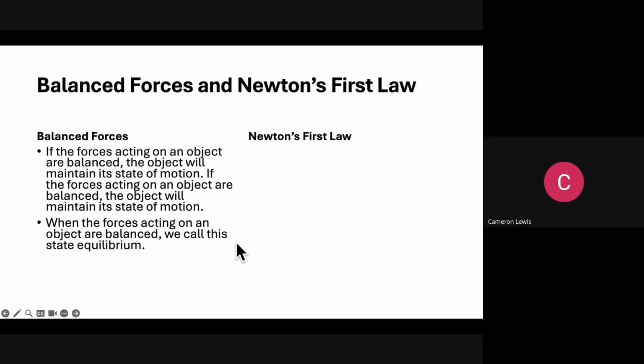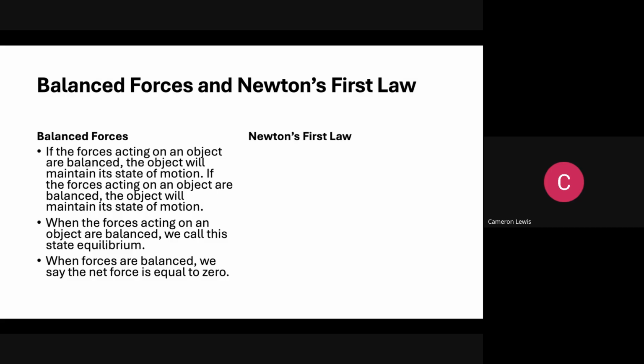When the forces acting on an object are balanced, we call this state equilibrium. Lastly, when the forces are balanced, we say that the net force is equal to 0. It's all the same stuff we just said about balanced forces, right? How do we take all of that and create this general law of how to describe motion?